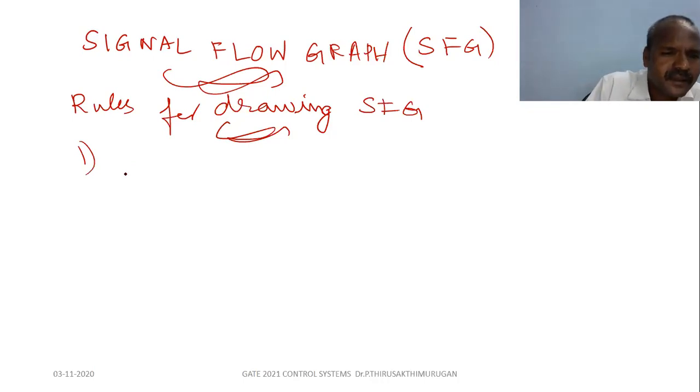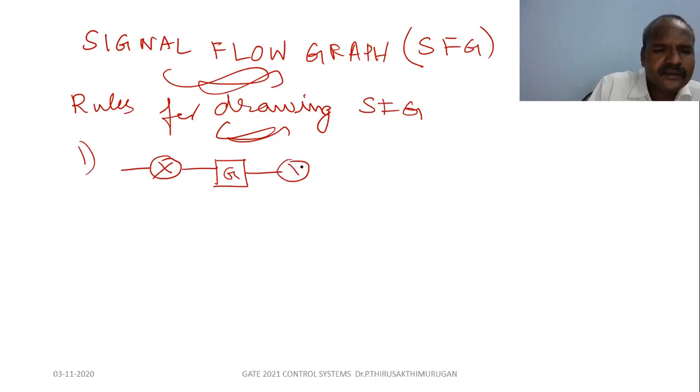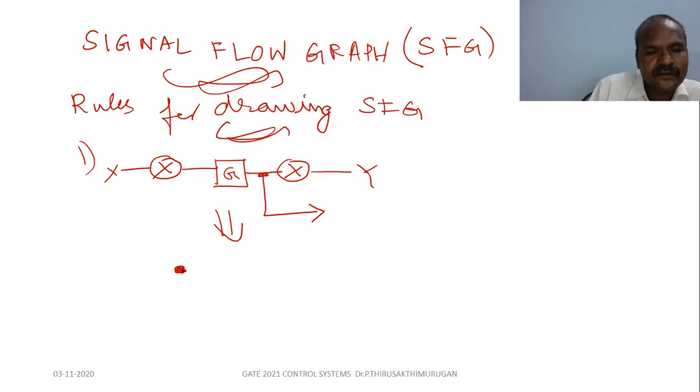For example, this is one summing point, this is one gain, and this is another summing point. Suppose I am taking a point from here, x, and this is y. The adjacent summing points are considered as a node. If you follow this first rule, this summing point is node 1 and the other summing point is node 2.